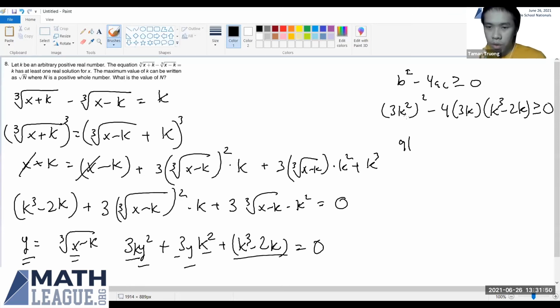We get 9k to the 4th minus 12k times k cubed minus 2k greater than or equal to 0. We can factor out a 3k squared.